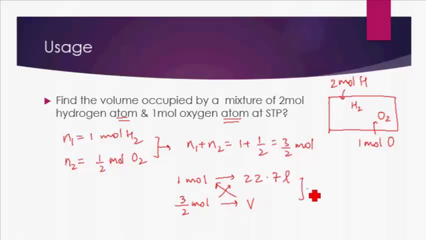We get from here that 1 mole multiplied with V is equal to 22.7 liter multiplied with 3 by 2 moles. From here you can directly solve for the value of V and you will get your answer in liters. So this is how you can use Avogadro's law to solve your problems.